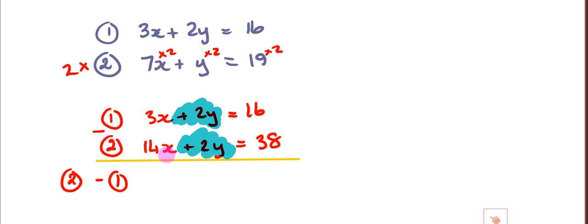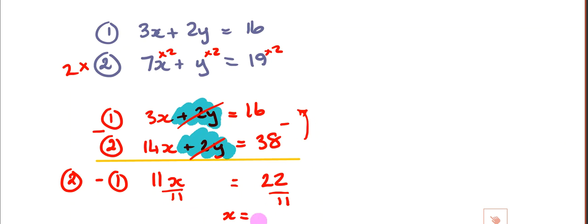So now I can do 14x subtract 3x is 11x. That turns into 0, so I can forget that then. Equals 38 minus 16, looking that way, is 22. Divide by 11, x equals 2.